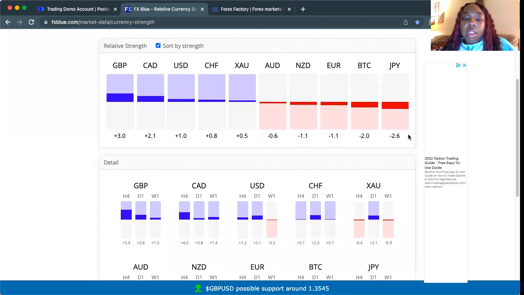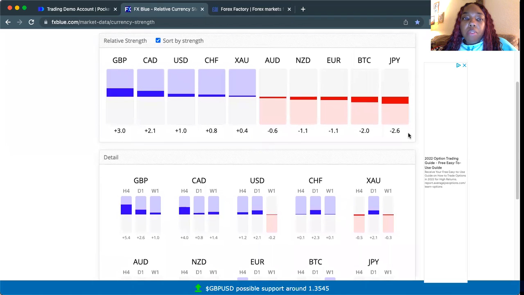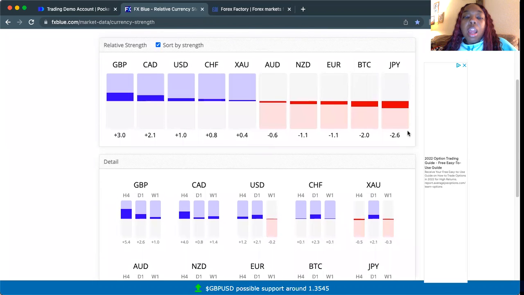So let's see if I can find a sell with a pair for you guys really, really fast. I'm going to give you 2 more additional scenarios, okay? I gave you 1 scenario with USD JPY. We're looking for a buy because USD is stronger than JPY. JPY is lesser.